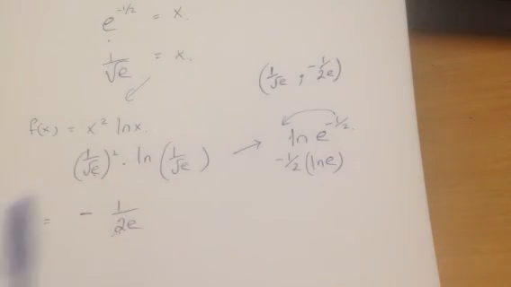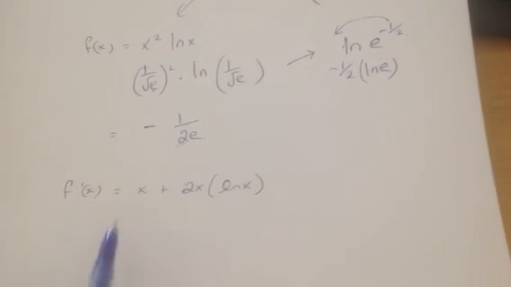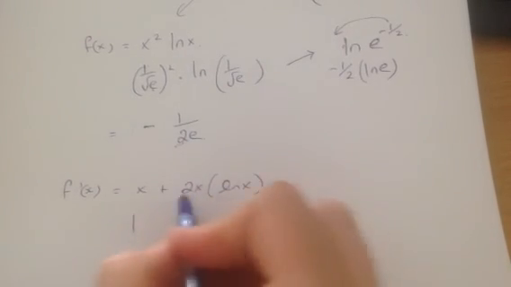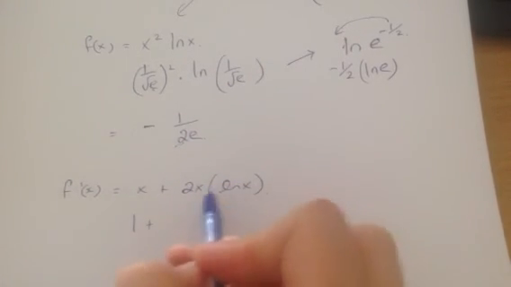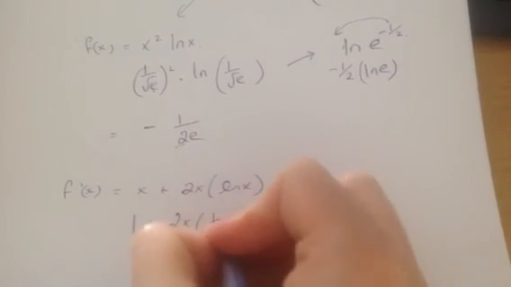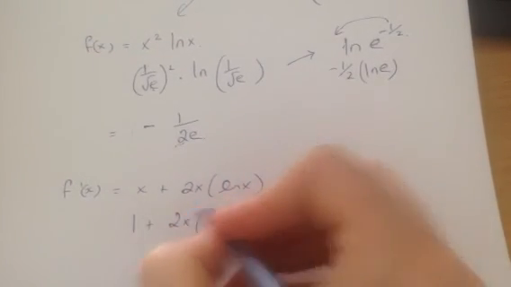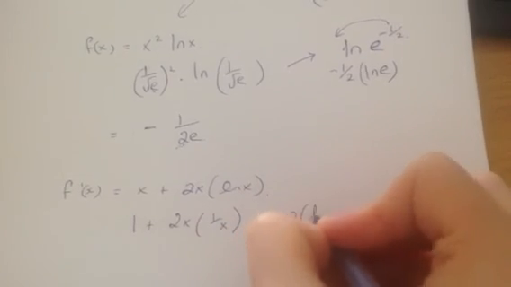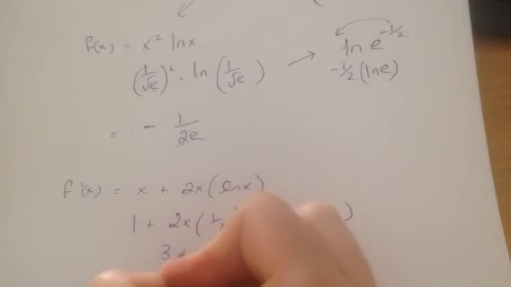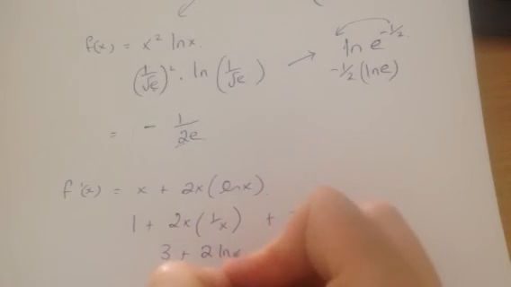So if that is x plus 2x ln x, my second differentiation, I'll just differentiate this, it'll turn to 1, and I'm going to use the product rule to differentiate this. Now you should definitely be able to do that, and you'll end up with 2x times 1 all over x. So that's u times dv dx plus 2 times ln x, v times du dx, and you just clean that up and you end up with 3 plus 2 ln x.